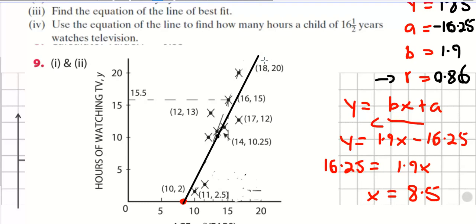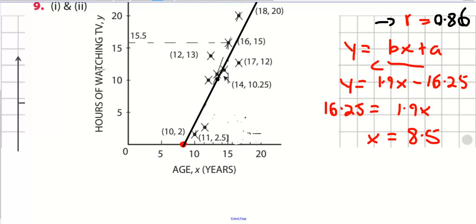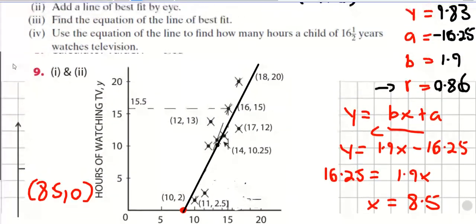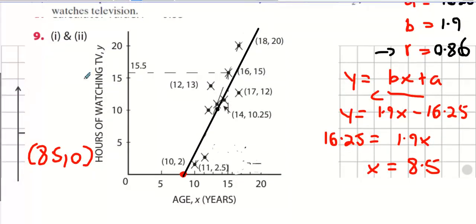Okay. Now, here's what we're going to do next. We are going to use our points to find the equation of the line. So what points do we have? We have 8.5 and 0. And what do we say we're using for 14 and 10? So it's your job now, if you haven't already got it done, to find the equation of the line using those 2 points.